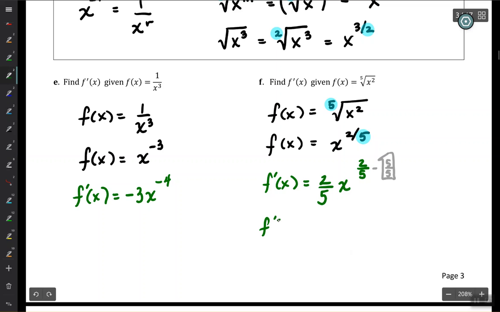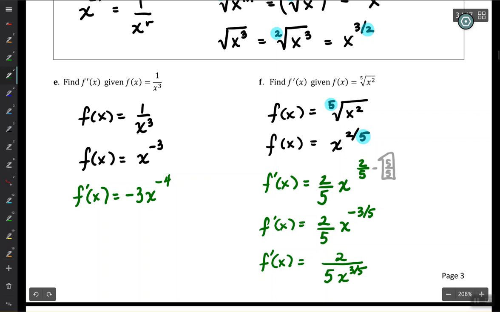So just simplifying, 2/5 x to the 2/5 minus 5/5 is x to the minus 3/5 power. And that's delightful. Done. If you want to clean up that negative exponent, you can say 2 all over 5 times x to the 3/5 power.